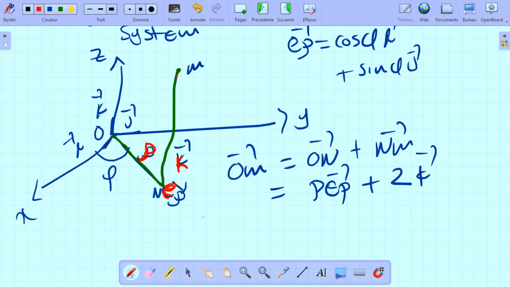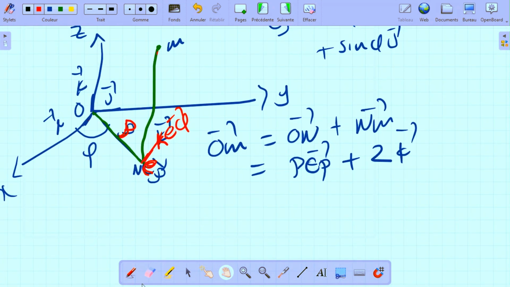With cylindrical coordinates, here we also use the polar coordinates from a previous video, where we defined the phi. So you're going to have a system of vectors: e rho, e phi, and k. This is none other than an extension of the polar coordinates in 3D.